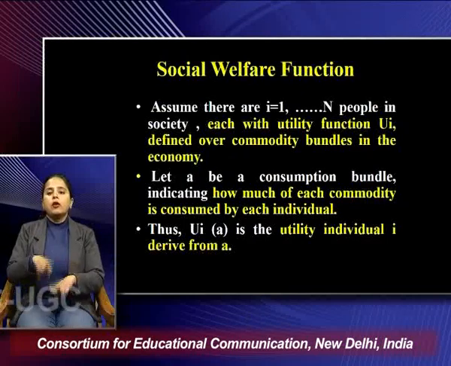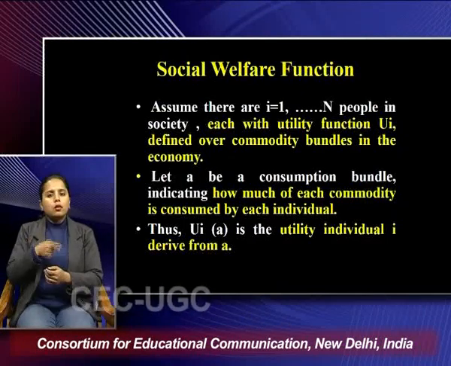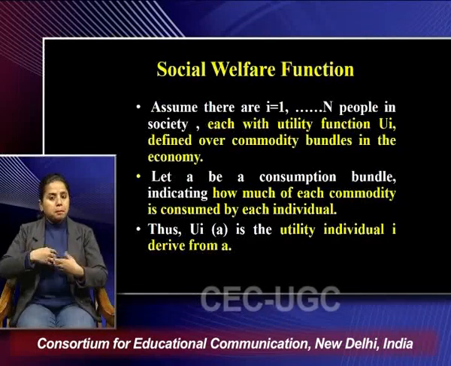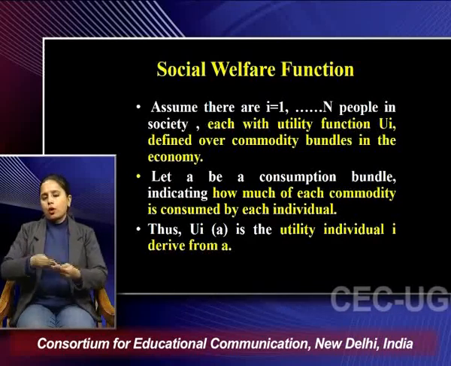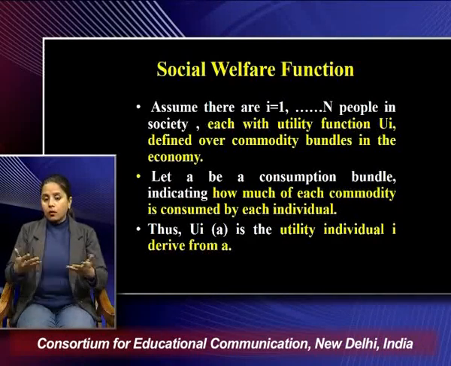In this framework, we will assume that there are I individuals, going from 1 to n. So basically there are n individuals or n people in the society, each with the utility function ui defined over a commodity bundle in the economy. That commodity bundle we assume is A.